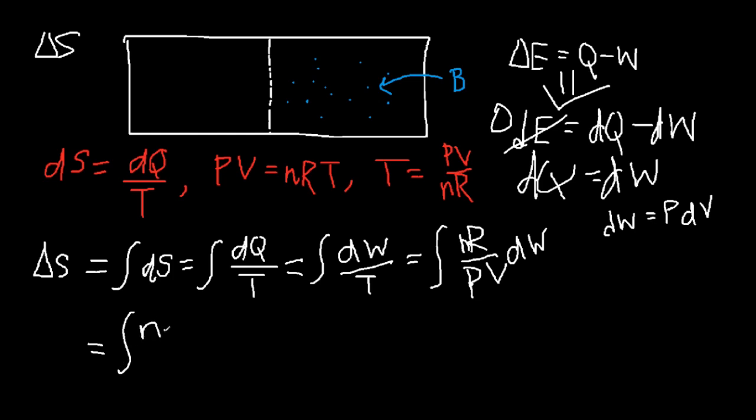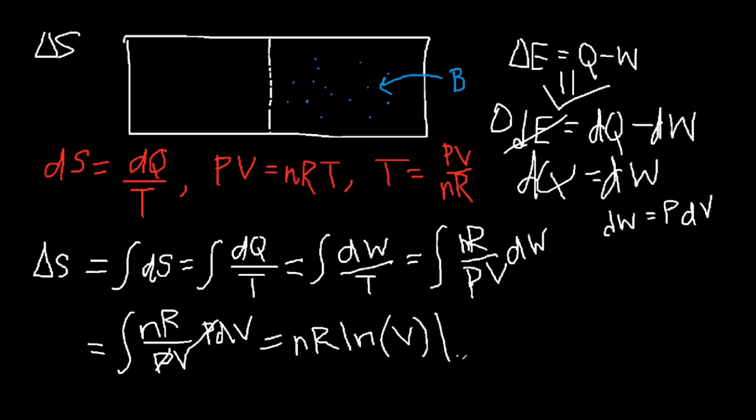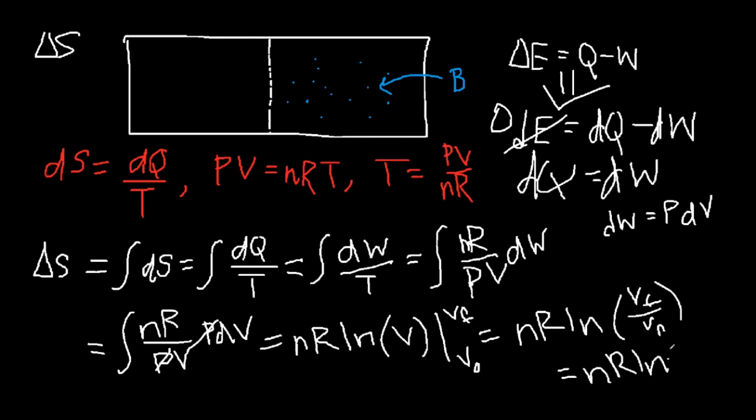Therefore, when we write this integral, it's an integral of nR over PV times P dV. And so our P's cancel, and we are left with nR, and then we take an integral of 1 over V dV. It's ln of V from V initial to V final. Therefore we can write this as nR ln of V final over V initial, and so that's nR ln 2.